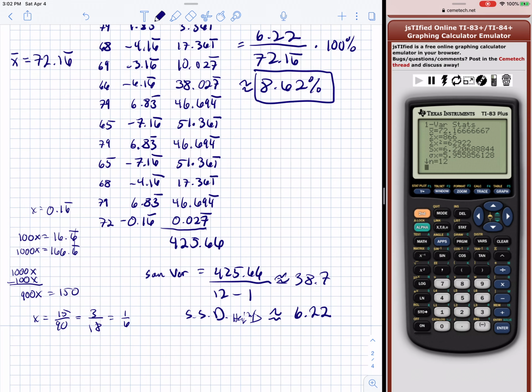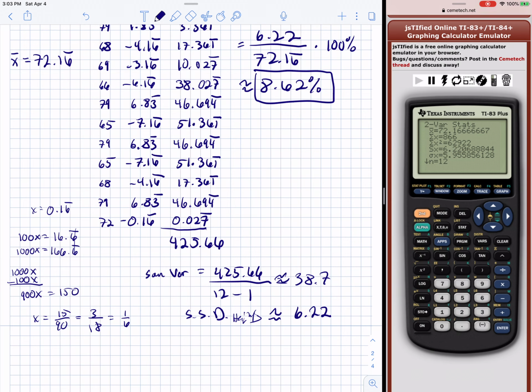You see it there, the S, right? The population standard deviation would have been 5.95, but the sample standard deviation, since we're doing a sample, was 6.22. That's the thing I wasn't sure about; I didn't want to improperly read it. Okay, and then let's just do something real quick. Let's go to stat, go to calculate, and do two-variable stat.